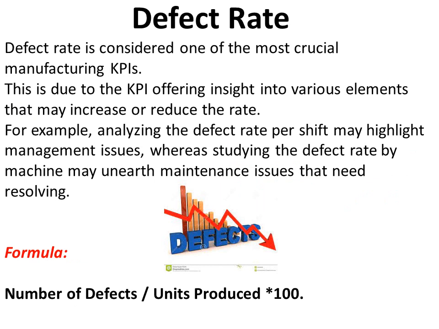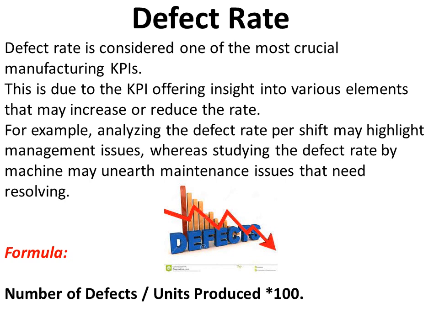Okay, the next KPI is very important, which is the defect rate, and it is directly related to the quality of our product, and also it relates to our customer satisfaction. So defect rate is basically considered one of the most crucial manufacturing KPIs.